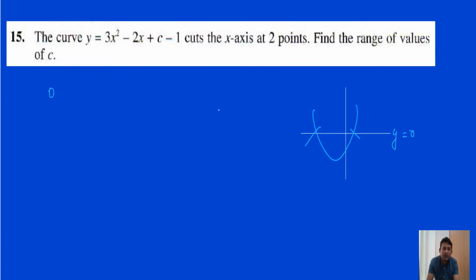We can write 0 is equal to 3x squared minus 2x plus c minus 1. 3x squared minus 2x plus c minus 1 is equal to 0. What is a? a is 3, b is minus 2, and c is c minus 1. And find the range of the values of c.